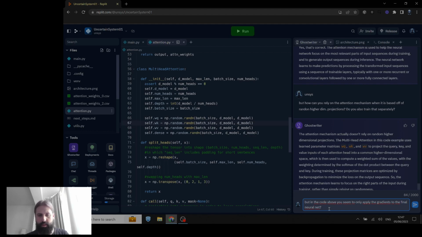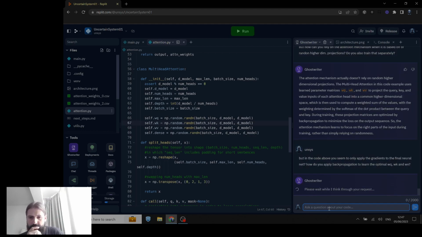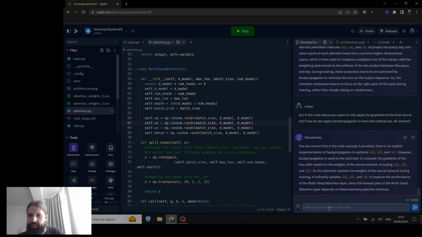How do you learn the optimal view? You know what I mean? However, backpropagation is used by the optimizer to compute the gradients of the loss with respect to the weights of the neural network, including the projections. As it updates the weights of the neural network during training, it indirectly updates. How?